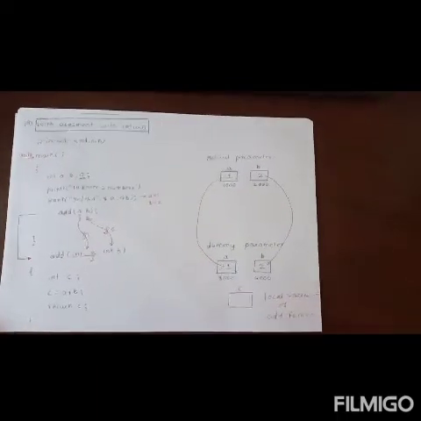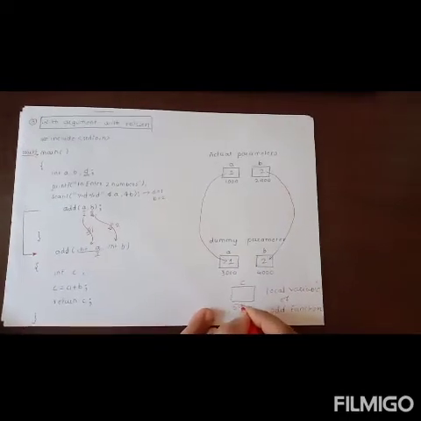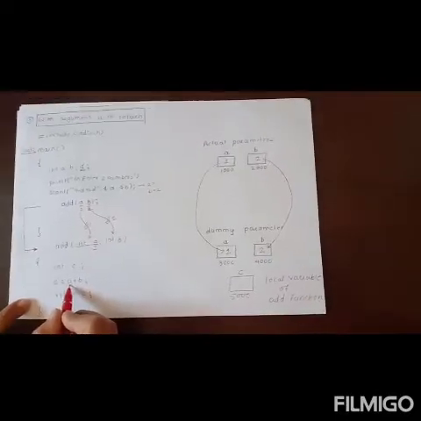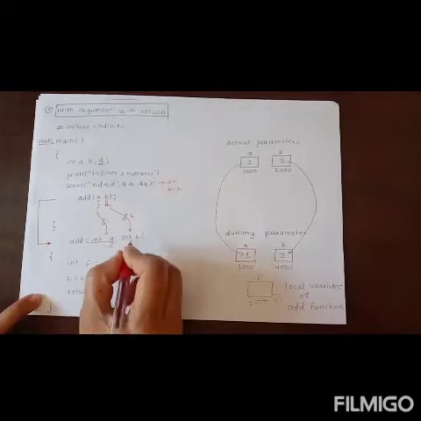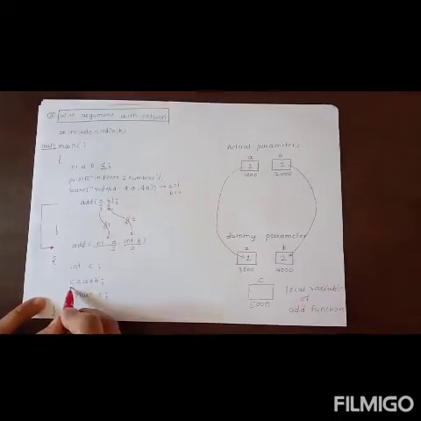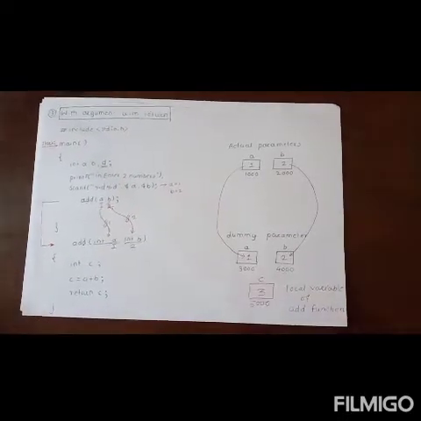Whenever we declare it, memory is allocated by the compiler. After that, here we perform the addition a plus b and store it in c. So this 1 plus 2 is stored in c, that is nothing but 3.